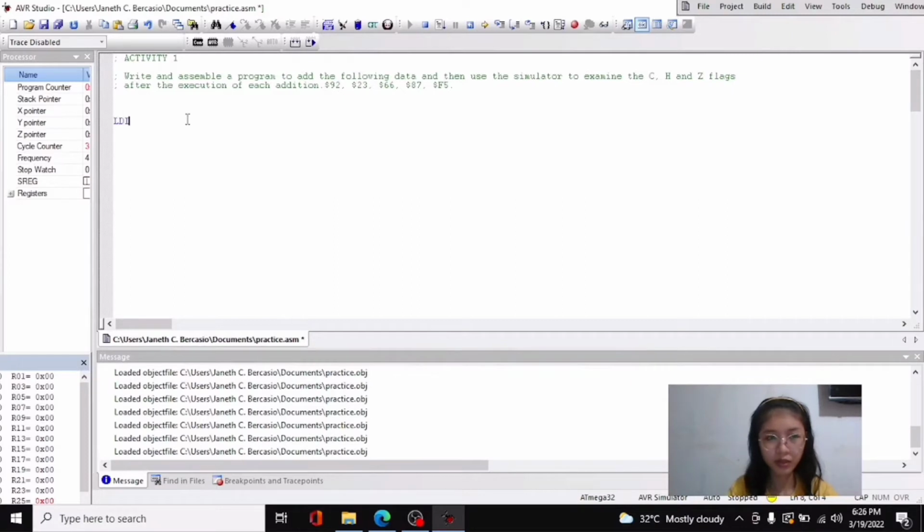So the first thing that I will do is use the instruction LDI to store the following data in different registers.